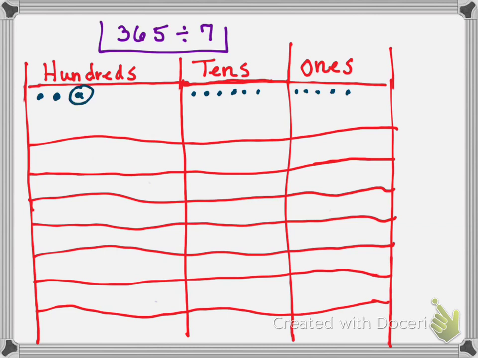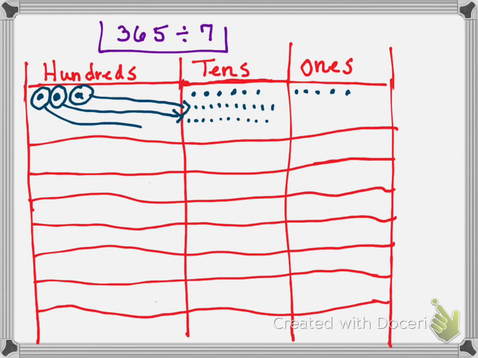So let's take this 100 and break it up into tens. 1, 2, 3, 4, 5, 6, 7, 8, 9, 10. Let's take this 100, break it up into tens. 1, 2, 3, 4, 5, 6, 7, 8, 9, 10.